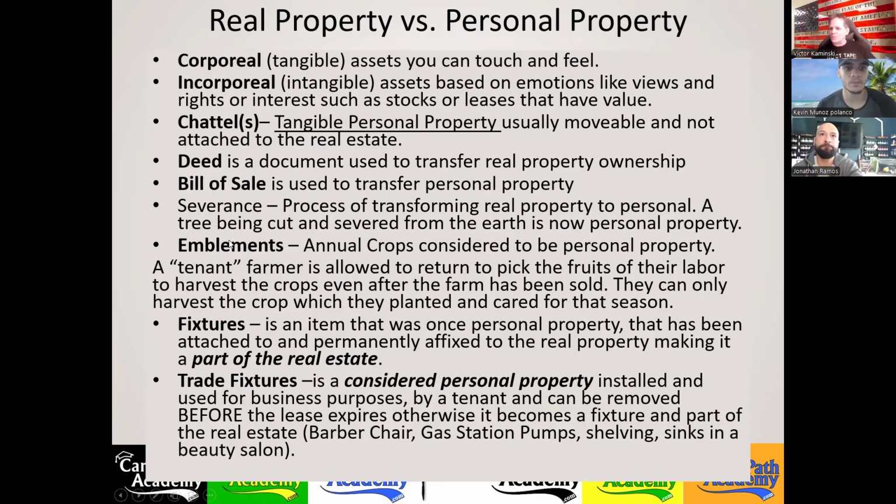It's either real estate or personal property. So emblements are personal property. Remember, any plants that grow that do not require you to plant seeds every year for them to come back are part of the real estate. This is personal property, though.